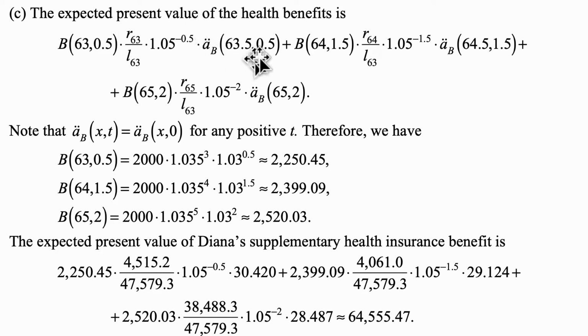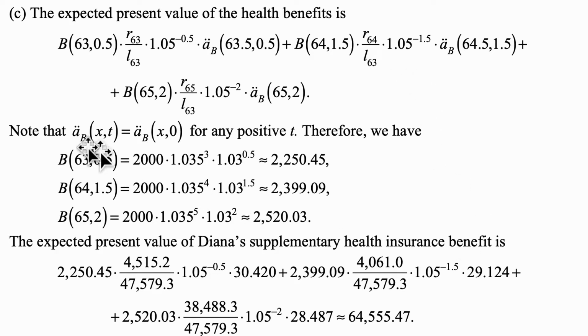So this accounts for how the premiums will be paid as an annuity and when it starts and how it will be paid in increasing amounts, and this is the benefit rate. And the same for age 64, with the actual retirement moment at 64.5, that's why we're using it here, and then age 65, the normal retirement age.